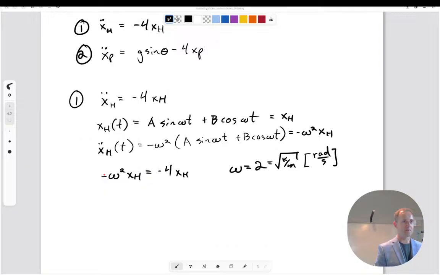Also amplitude. Actually, it won't be the amplitude. Amplitude's going to be a combination of A and B. That'll set our amplitude. If we had 10 cosine, then we have an amplitude of 10 meters.